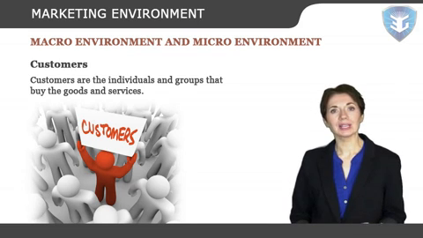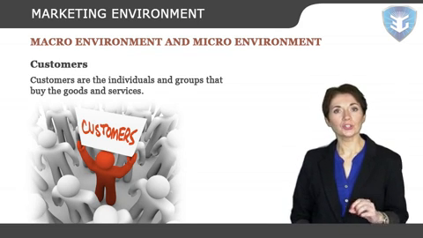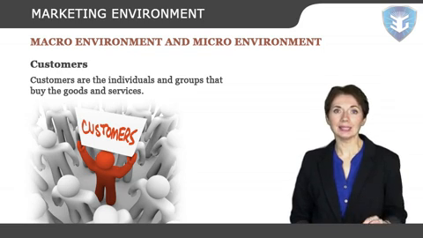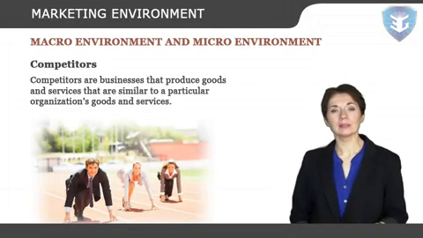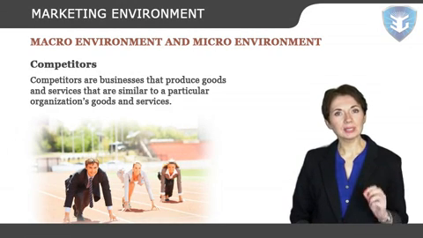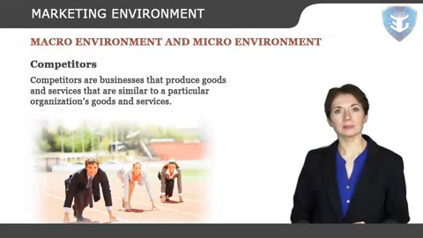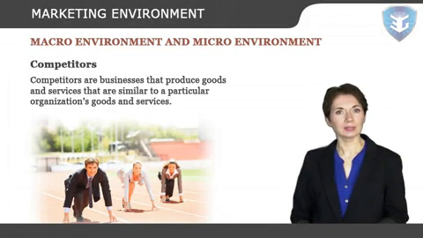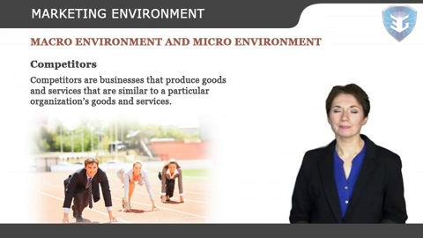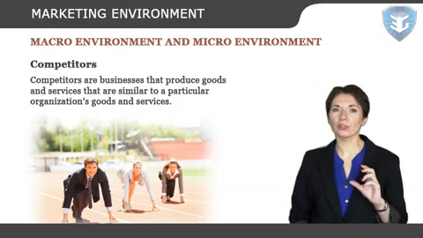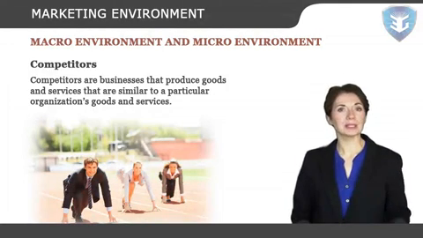Changes in the numbers and types of customers, or changes in customers' tastes and needs, result in opportunities and threats. Competitors. Competitors are businesses that produce goods and services that are similar to a particular organization's goods and services. Put differently, they are organizations that are vying for the same customers. Rivalry between competitors is potentially the most threatening force that managers must deal with.